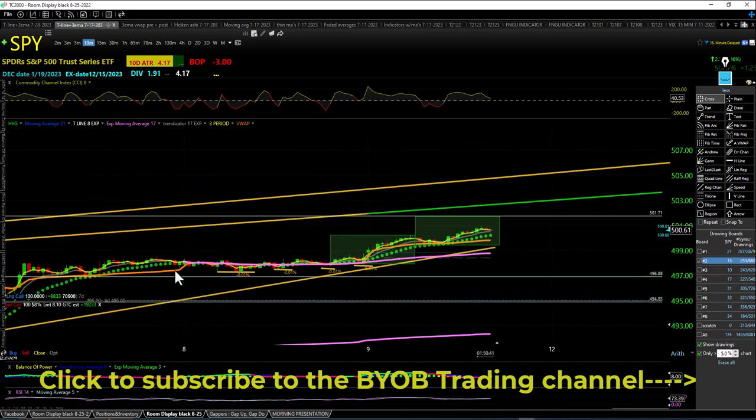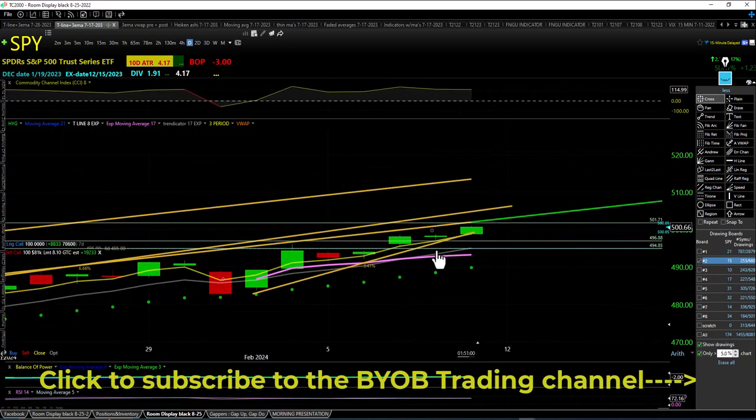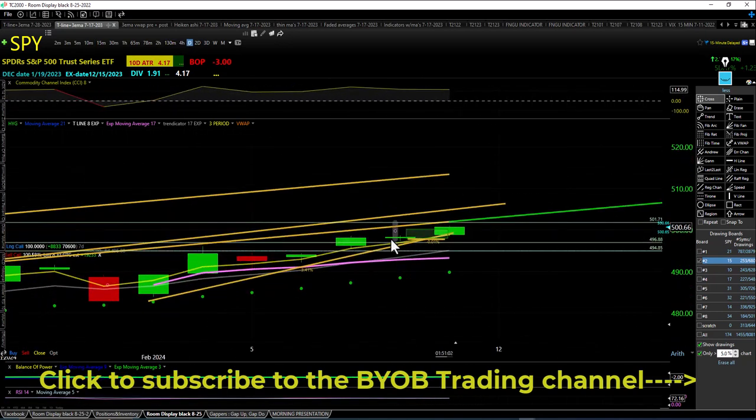All right? I like to take my quad tool, my anchored VWAP, and I plant it on the initial candle of the previous day. All in all, when you see a daily candle, and the price action remains inside the previous day's candle, if you get one of those, chances are it's gonna break out.